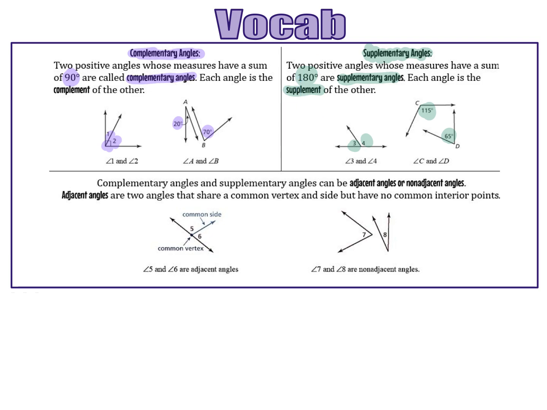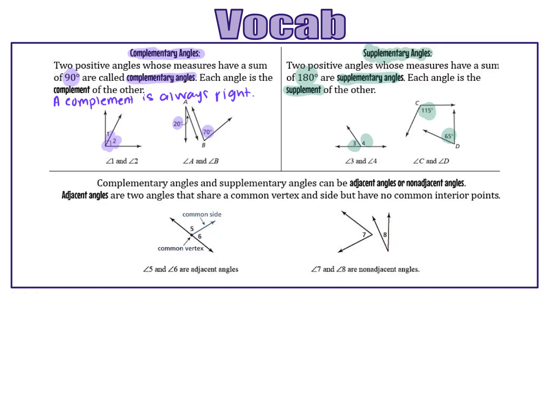One of the ways that I help remember the difference between the two is that this word complementary kind of sounds like the word compliment, like when you say something nice to someone else. So I always remind myself that a complement is always right, like a right angle. That might be something that helps you remember the difference between complementary and supplementary.